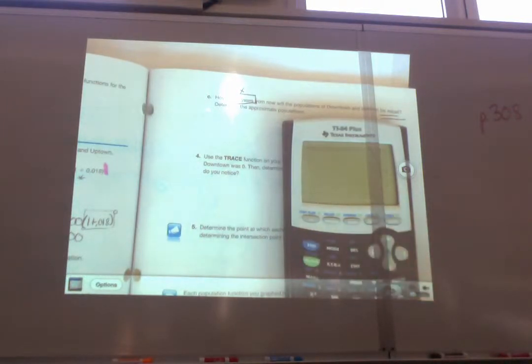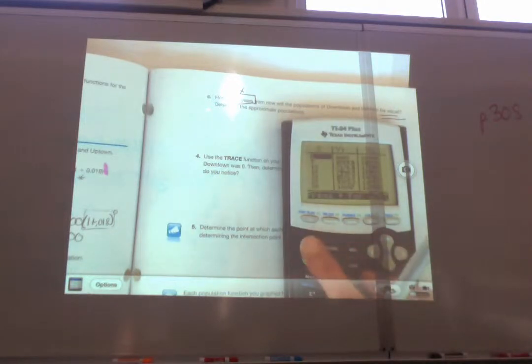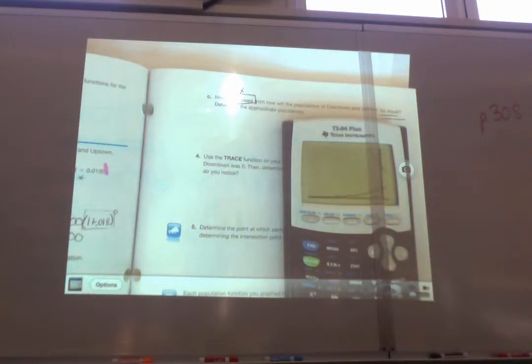Oh, wait, second. Don't do second. Clear. Just graph. As we're going backwards and backwards and backwards, what's happening to downtown's graph? Does it look like it's going to cross?